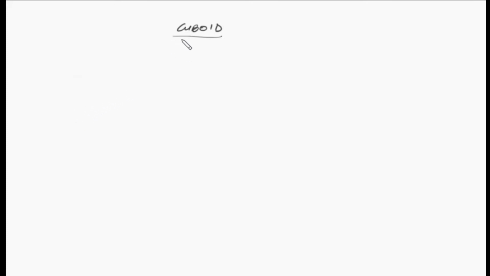If we don't want to say a cuboid, we can say a rectangular prism. The key word here is a rectangle. Now, you know that a rectangle looks like this.